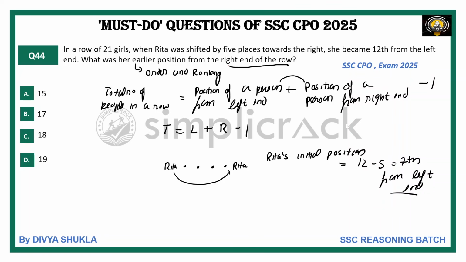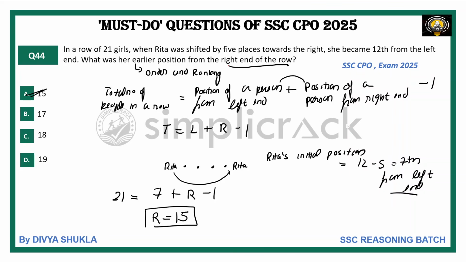I can use this formula: 21 equals position from left hand, 7, plus position from right hand, which we need to find, minus 1. So 6, I would be getting position from the right end as 15. Option A is the correct answer for this question.